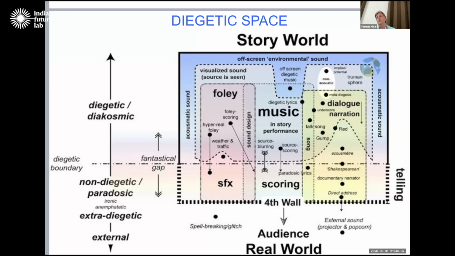We now live in an age where the fourth wall has not only been dissolved, we don't need it, and the so-called real world and the story world, they haven't switched places with each other. They haven't lost their identity. They've created this very complex hybrid, right?